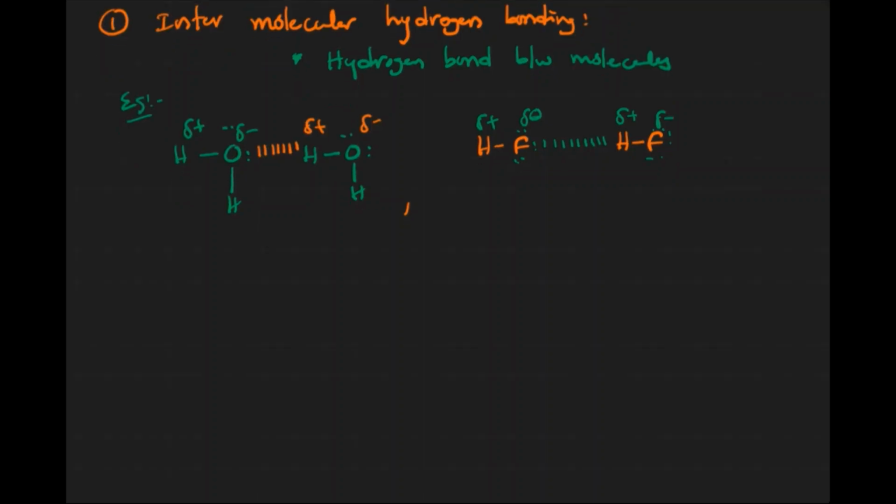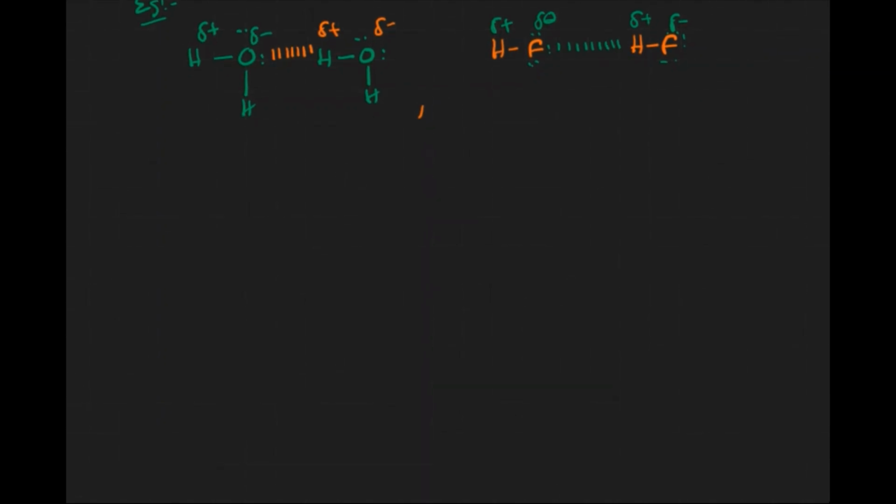Let us take another example. Most para substituted compounds generally form intermolecular hydrogen bonding. Let us take para-nitrophenol.